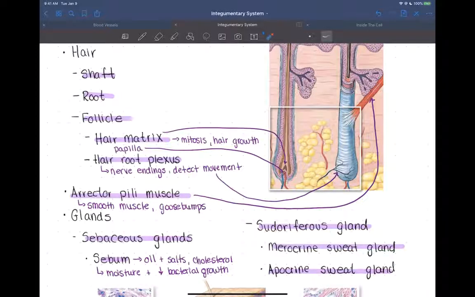What you'll usually see is just like a teardrop shape like this that gets cut off like that, right? And you'll see a sebaceous gland though associated very close to it, like right next to it. And so that is going to be your sebaceous gland, all right?